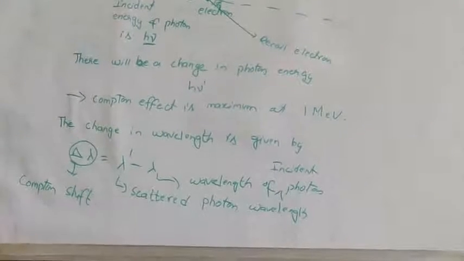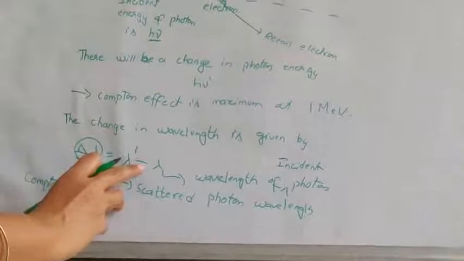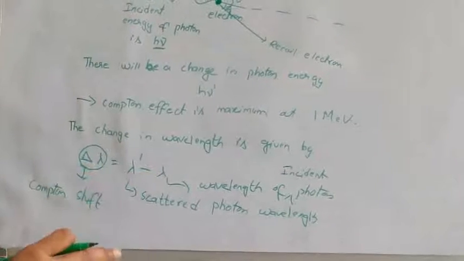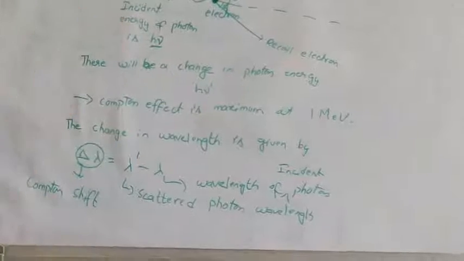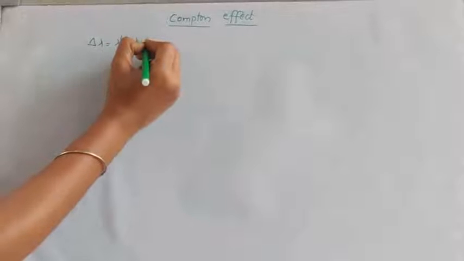Now as I have said, the Compton shift is given as delta lambda equal to lambda dash minus lambda.